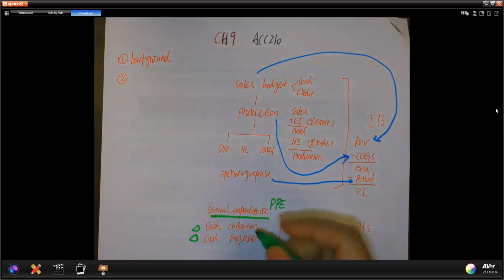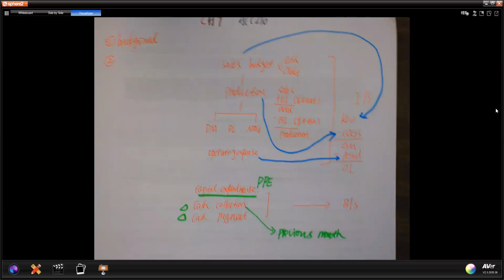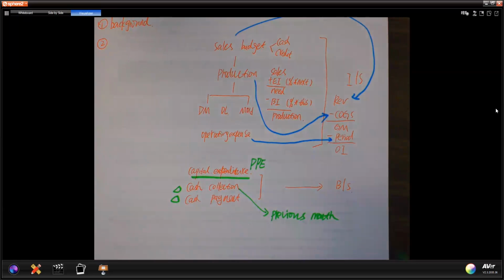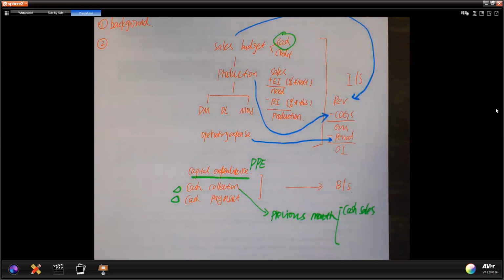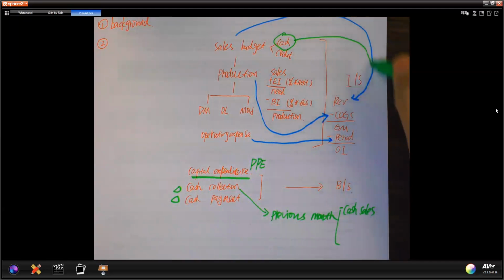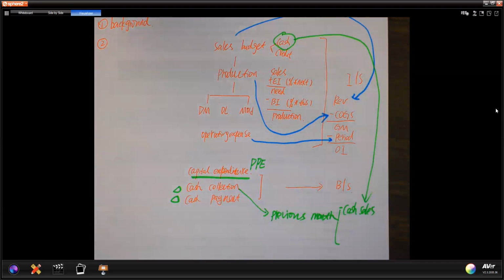Cash collection, we said we look at your previous months. Basically you have different parts for cash collection. Your cash sales, right? You collect your cash if you do cash sales. That is why we have to separate our sales. So your cash sales will be collected in the same month.